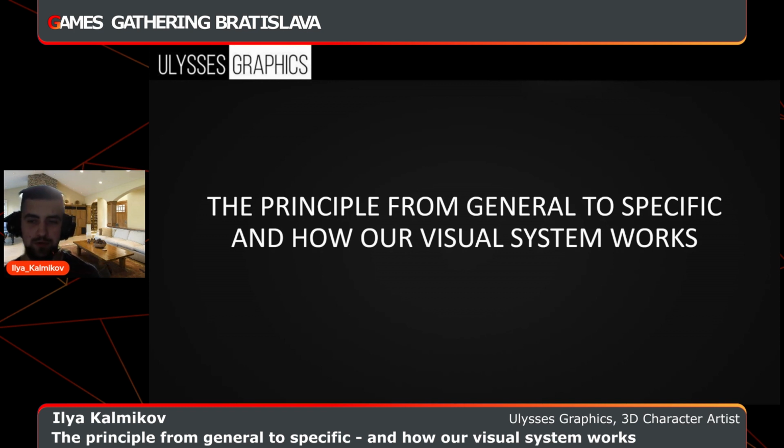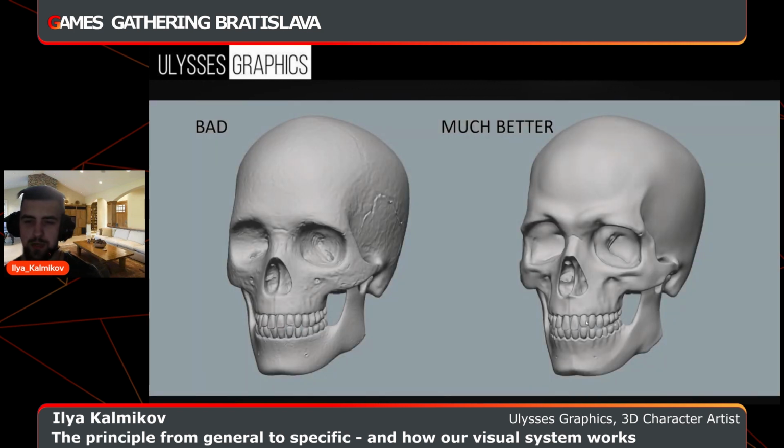Over 7 years of experience in different areas of 3D, I noticed that people make approximately the same mistakes, and I used to be among them. The story is everywhere: in game development, in 3D printing, in jewelry, everywhere. It's all about non-understanding of the system. 80% of the work on the internet looks something like this skull on the left.